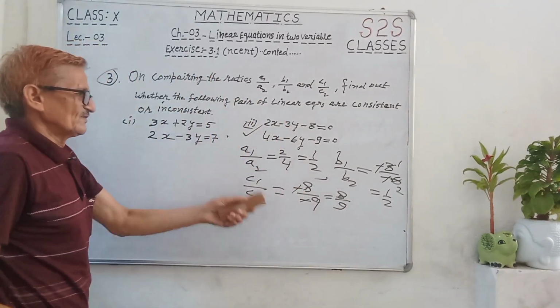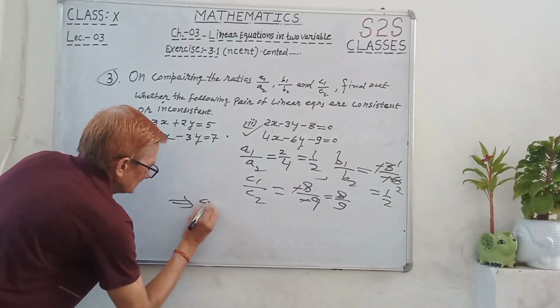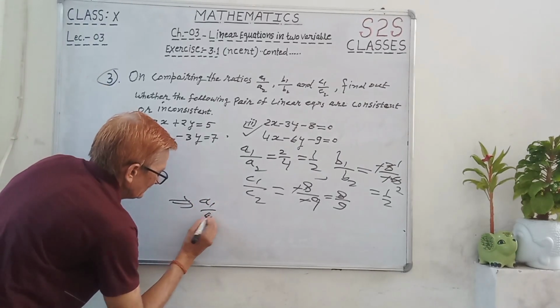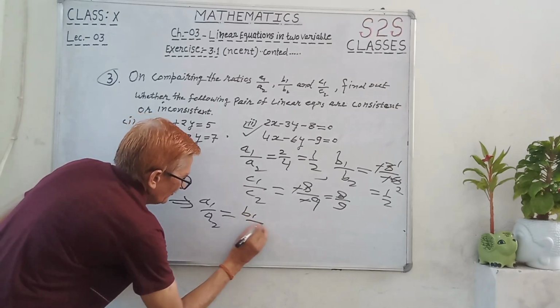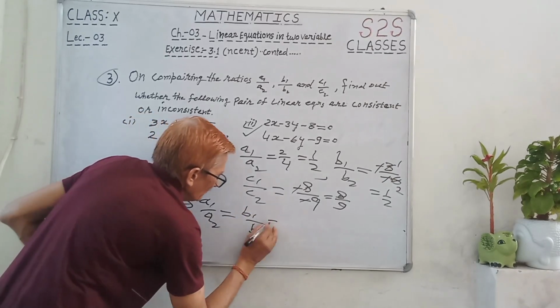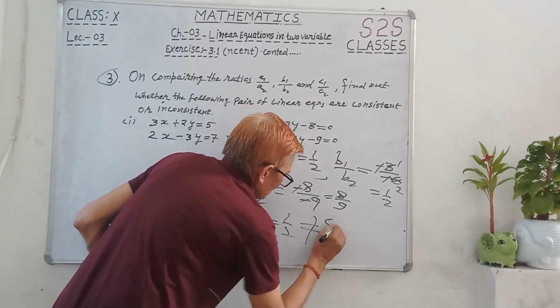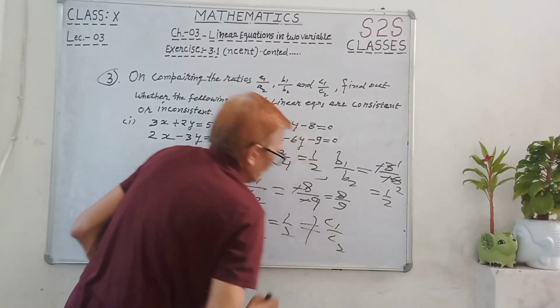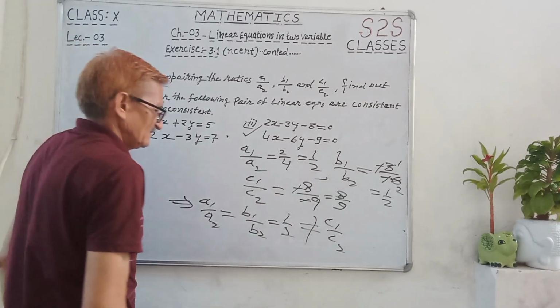So the first two are equal but the third is not. This implies A1 upon A2 equals B1 upon B2 equals 1 upon 2, but not equal to C1 upon C2, because C1 upon C2 is 8 upon 9.